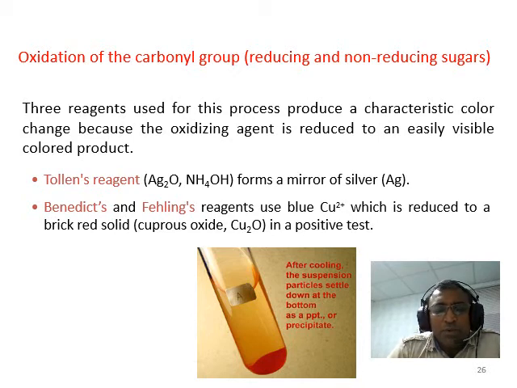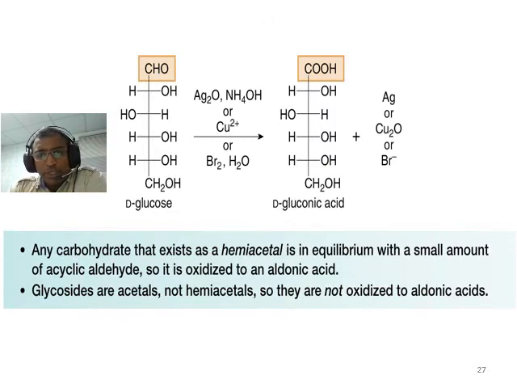The ability of the reducing sugar to reduce these reagents comes about because of the carbonyl group due to mutarotation from cyclic to acyclic. So here is shown the reaction itself in terms of how reducing sugars can convert silver indicator to silver, copper in Fehling as well as Benedict from copper 2+ to copper 1+, therefore changing into a solid brick color.